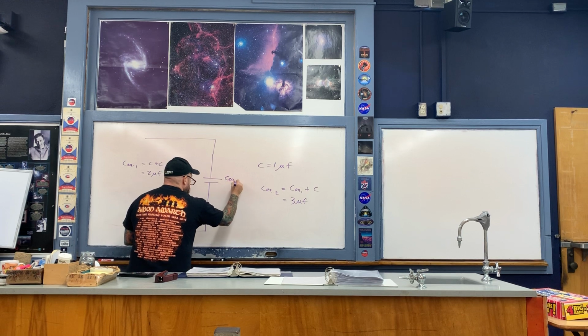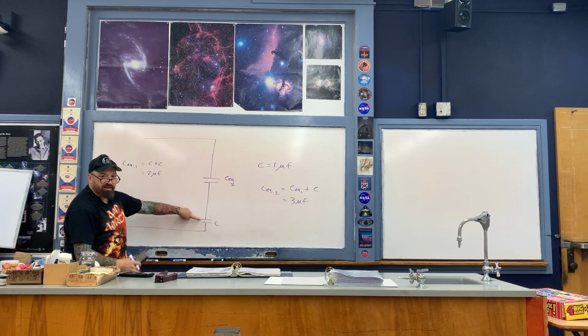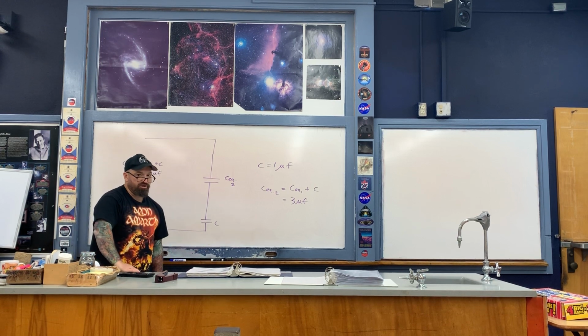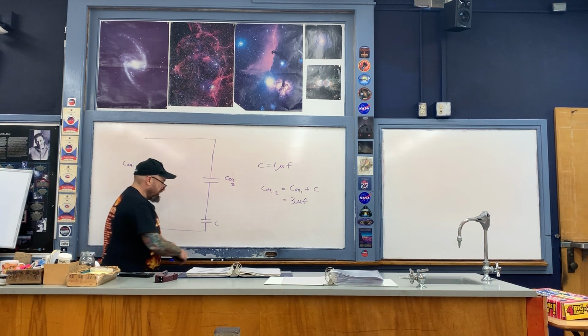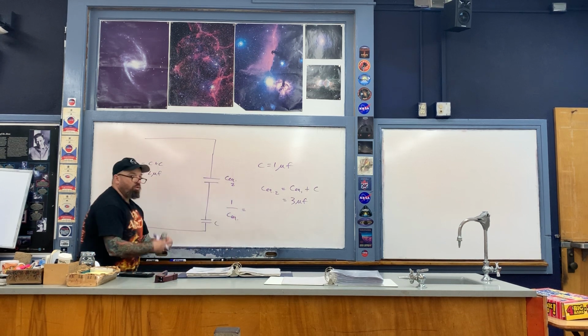Okay, so right here now is the C equivalent 2 that we just found, and notice that it's in series with this last capacitor here. So then therefore I use the series relationship to now find the equivalent capacitance of the whole thing that we're trying to do. I'm just going to call that now C equivalent. So it's the 1 over relationship for capacitors in series.